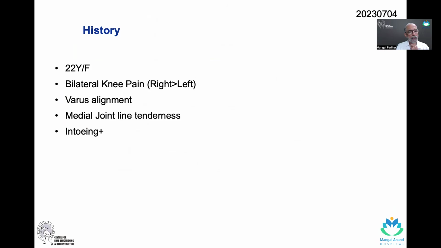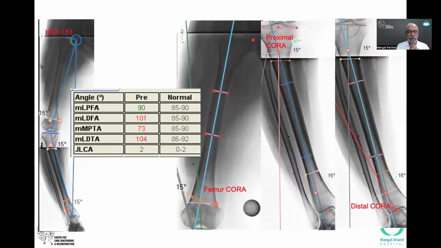So this is a girl who had a significant bowing deformity. She came with pain more on the right than on the left, medial joint tenderness as well as in-toeing. So if you see the planning, you notice that this LDFA, the lateral distal femoral angle, is abnormal.